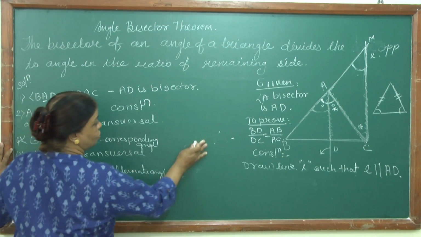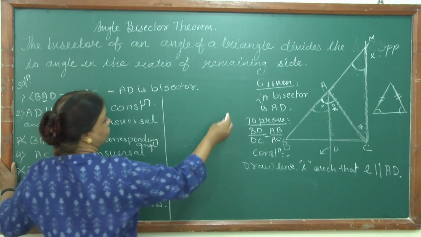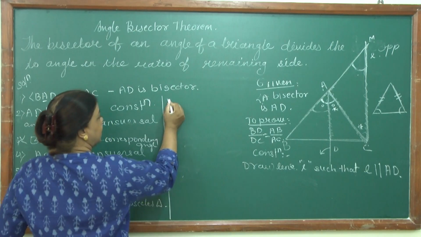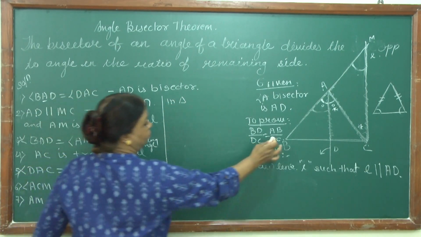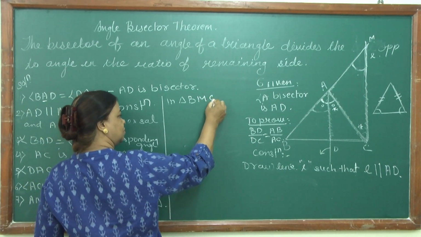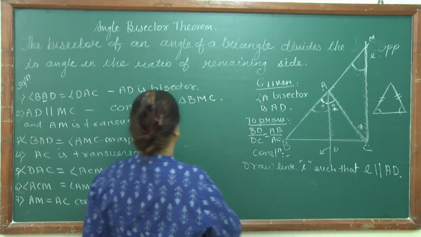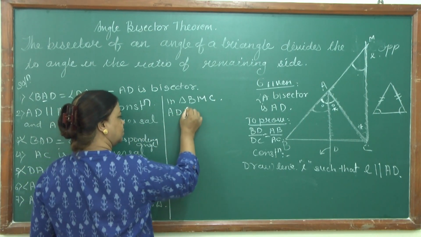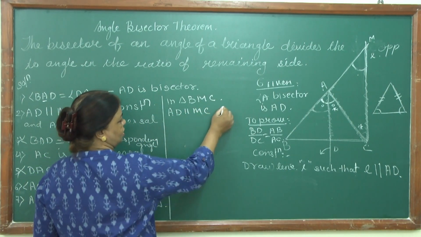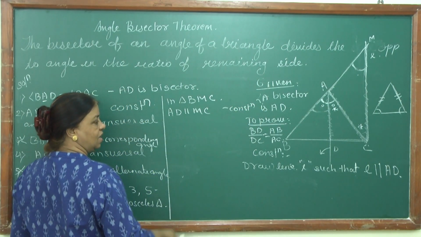Okay, so draw a line here. Now in triangle BMC, AD is parallel to MC. Construction, because I have done construction, so it is parallel.